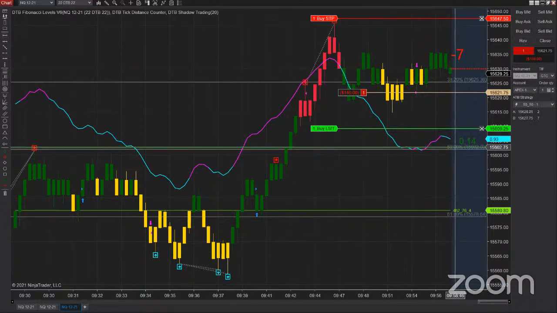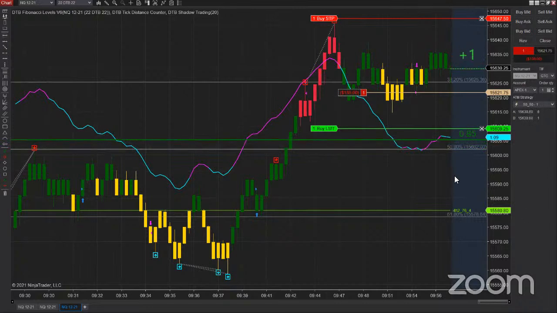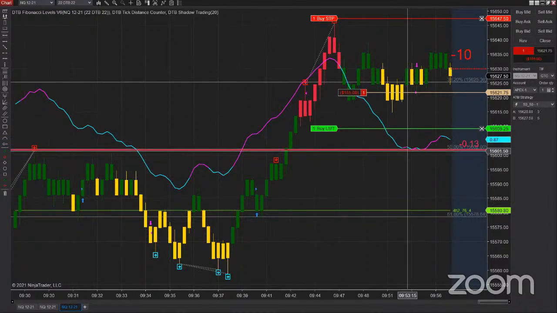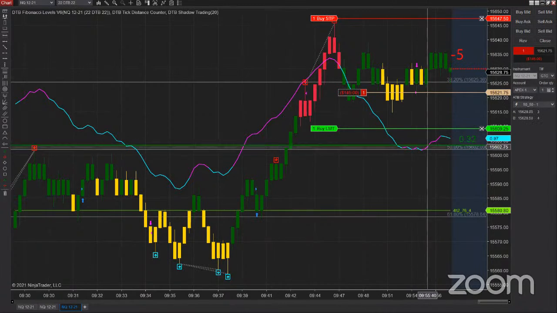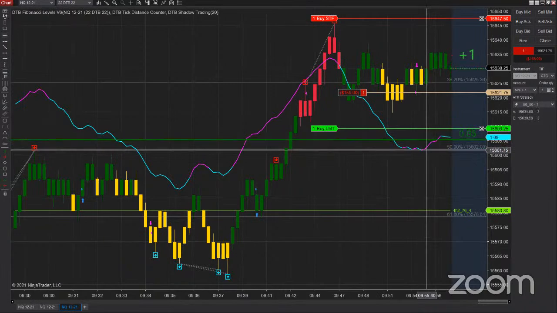Wherever that bar closes and where that momentum line was, that is where it will stay. That's why you see all these little jagged lines on this momentum line, because that's the positioning of it at that bar close.